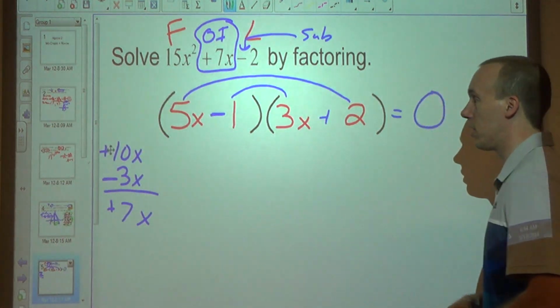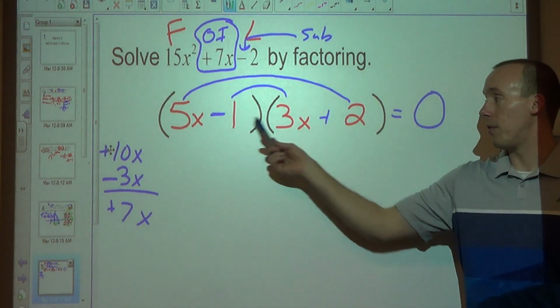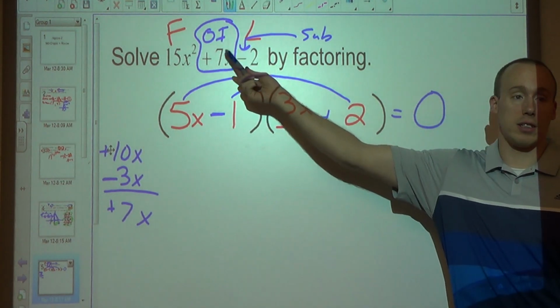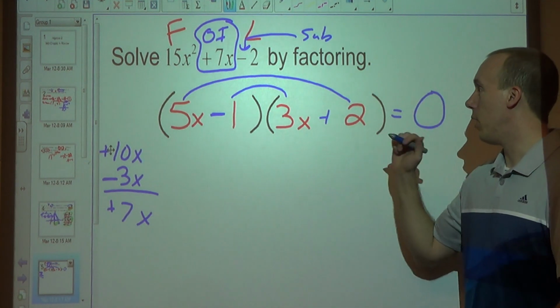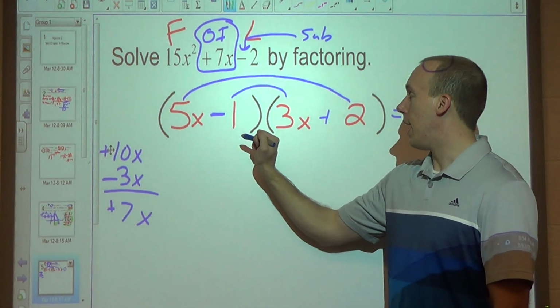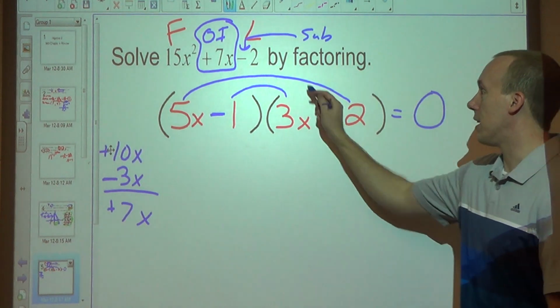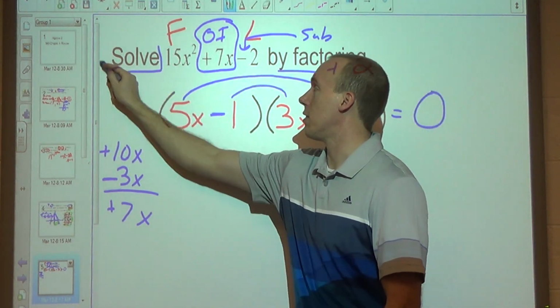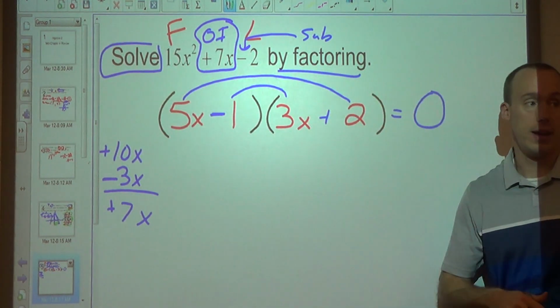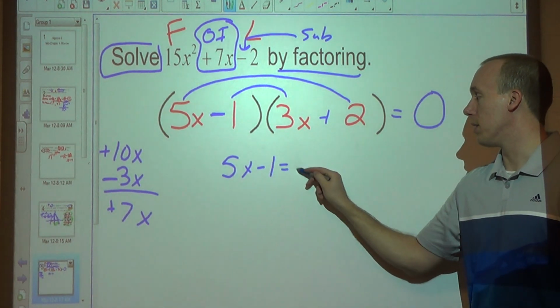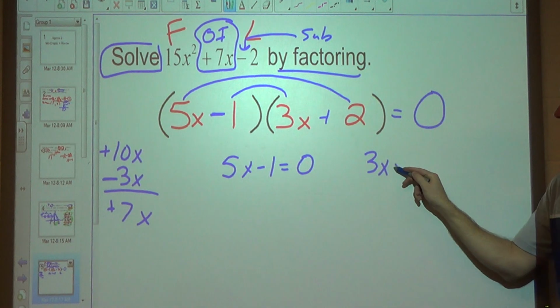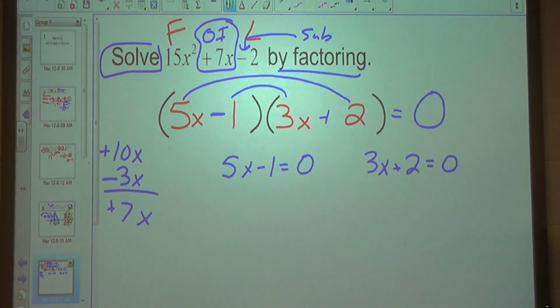What's a check you can do to see if you factored it correctly? Can we FOIL this back out and it should get me back to this original answer. So that's a check to make sure you did it right. Okay, I know we did it right, so we're good. So then I gotta solve, because it says to solve by factoring. So how do you solve that? Equal to 0, yep, so 5x minus 1 equals 0, and 3x plus 2 equals 0.